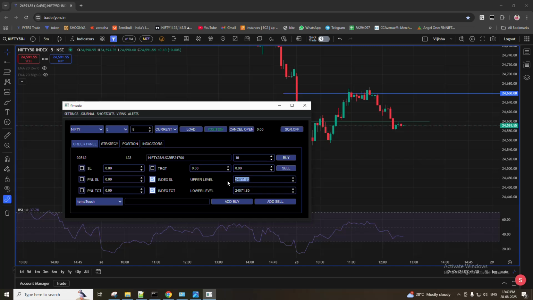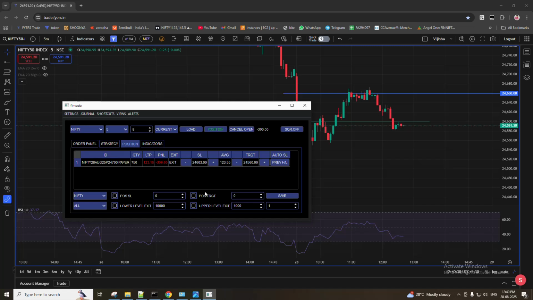Okay, upper level is 24603, and lower level is 24560. That means target is 24560 and SL is 24603. Okay, and I'm placing a buy order. Order is placed.